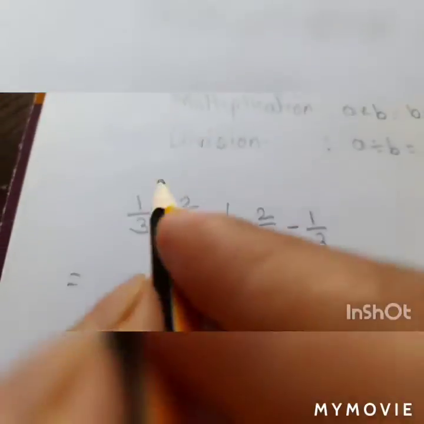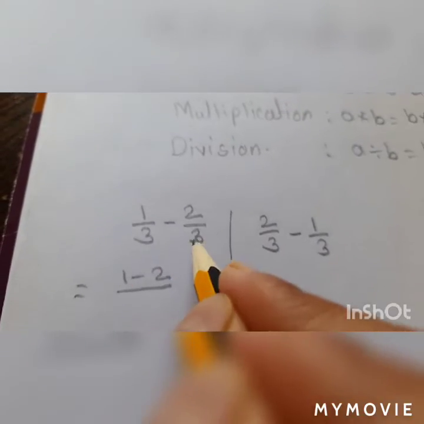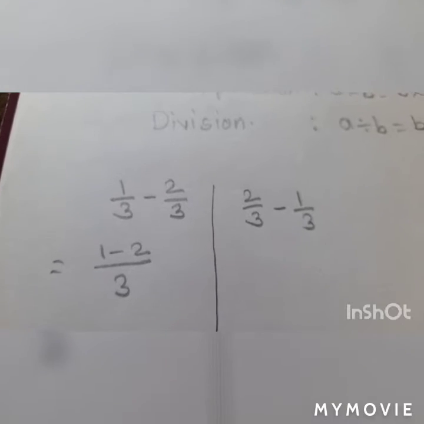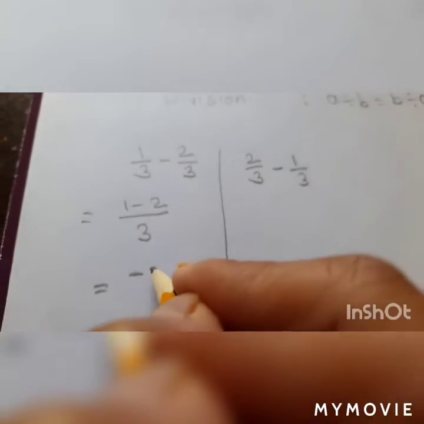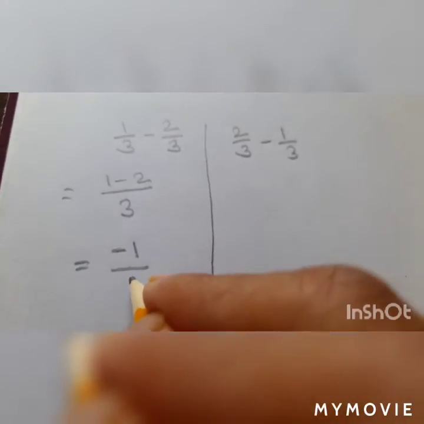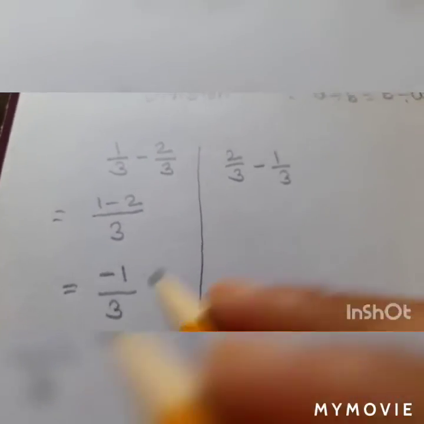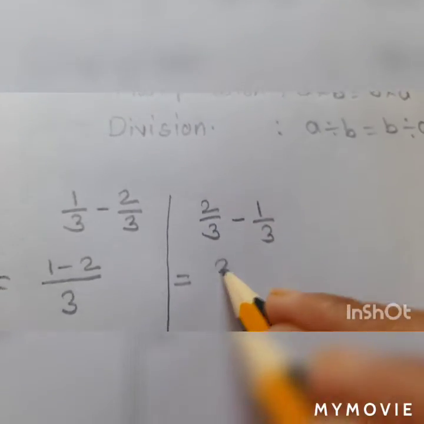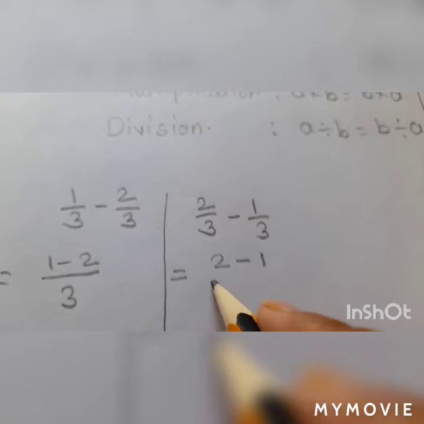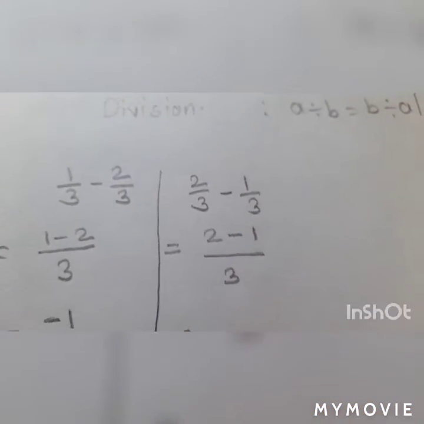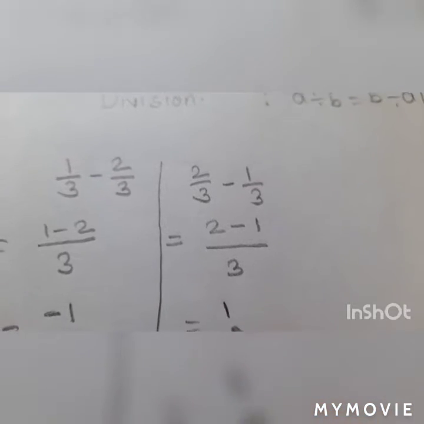Let us solve. 1 minus 2, and 3 is LCM. 1 minus 2, the answer we will get is minus 1 upon 3. 2 minus 1 upon 3 is equal to 1 upon 3.